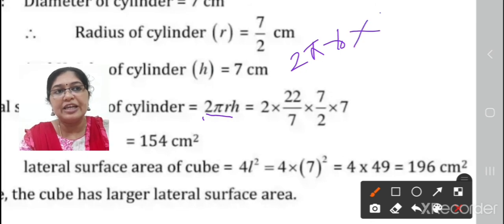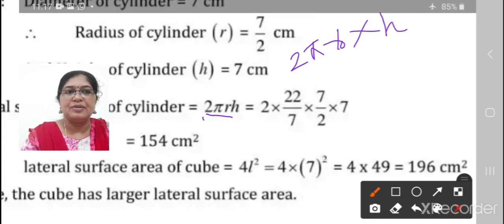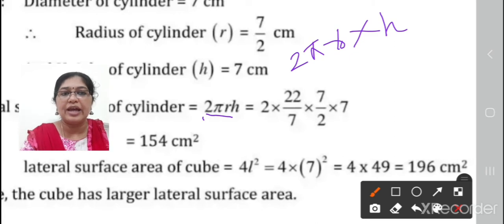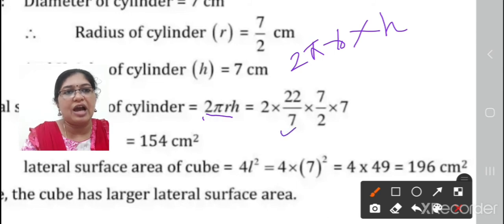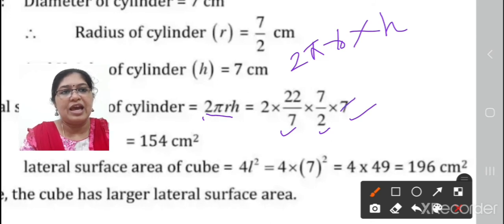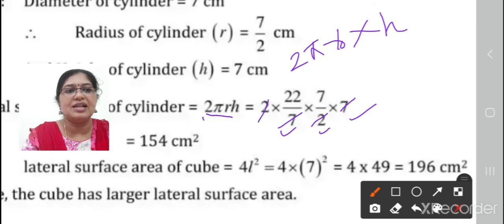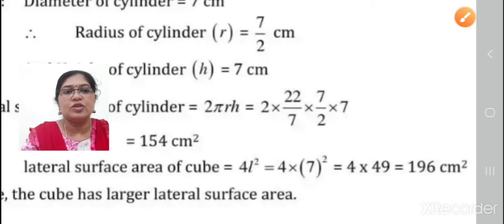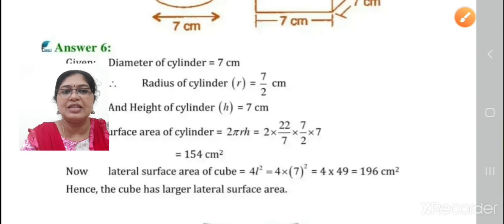Now applying the values: pi is 22 by 7, r is 7 by 2, into height 7. You can cancel: 7 and 7 got cancelled, 2 and 2 got cancelled. The remaining is 22 into 7, equal to 154 centimeter square. That is the lateral surface area of the cylinder.